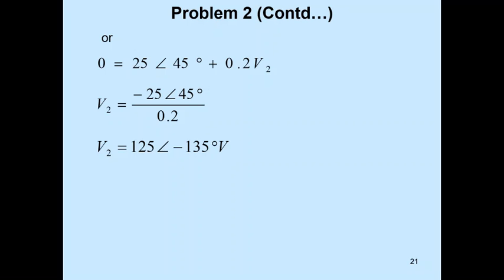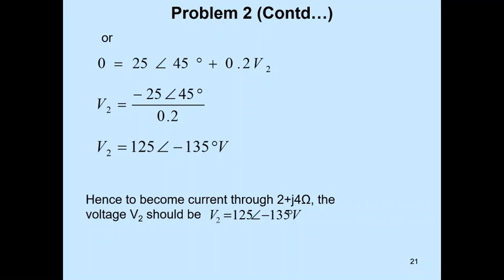So minus 125 at an angle of 45 degrees is nothing but 125 at an angle of 215 degrees. So we can write 215 degrees in the anti-clockwise direction, and the same is minus 135 degrees.